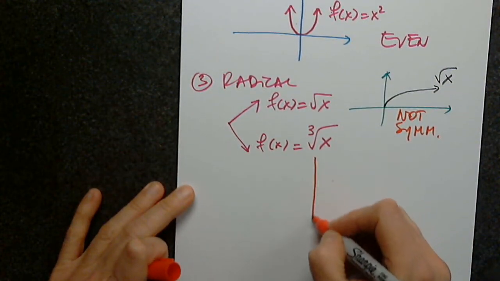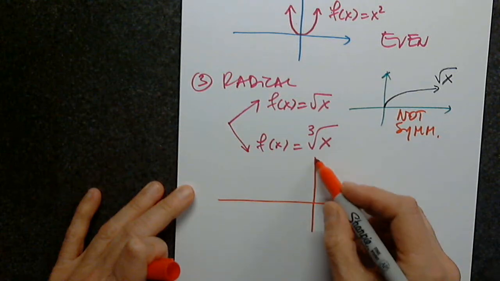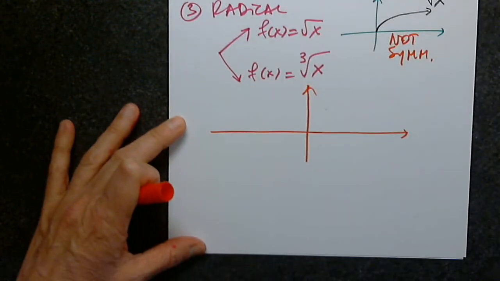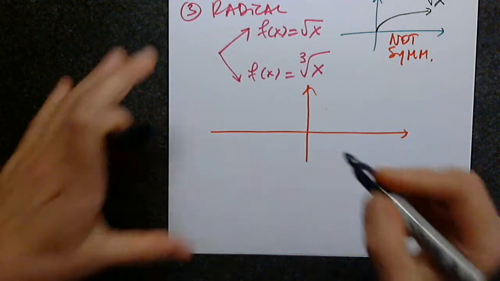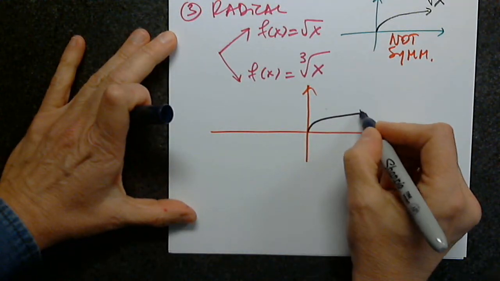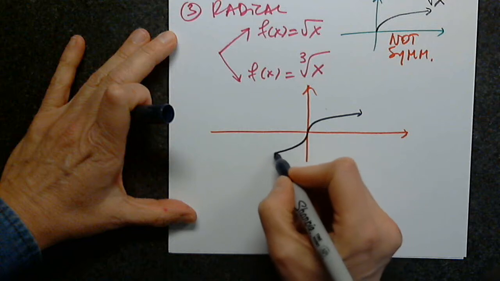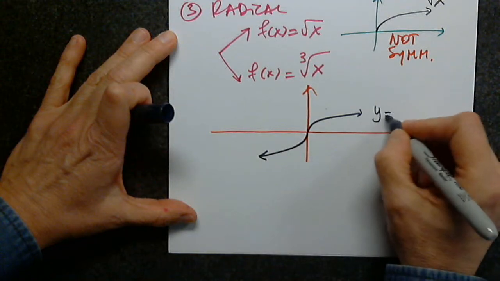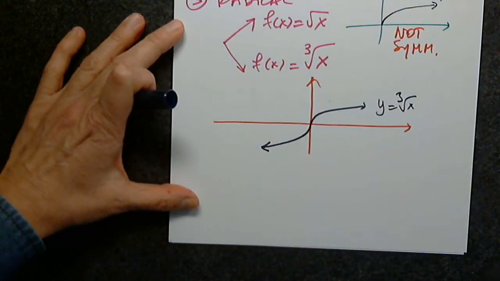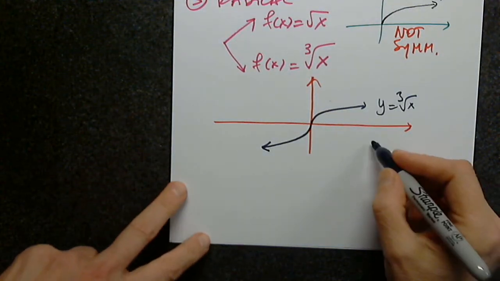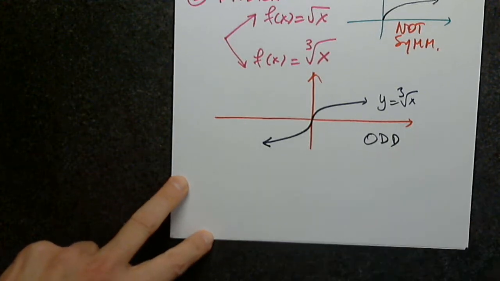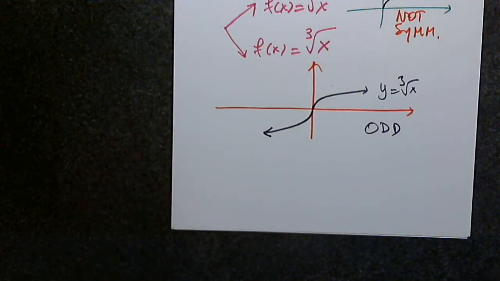Here's the cube root of x now. Kind of like the square root, not really. This is the cube root. Odd, even, or none of the above? Excellent. Very good. Odd, symmetric with respect to the origin.